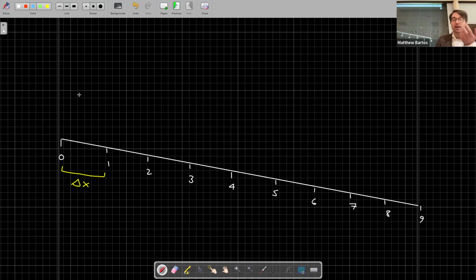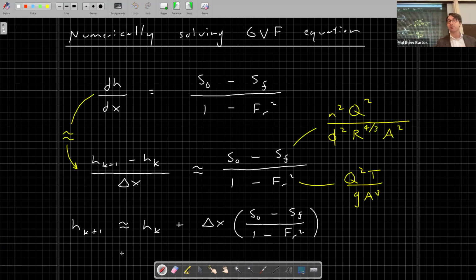So what happens is we're going to start with some initial point. So let's say we start at the upstream end and we have some depth h_0. So this is our given boundary condition. This is some depth that we know. What we're going to do is apply this recurrence relation to compute the next depth in sequence.